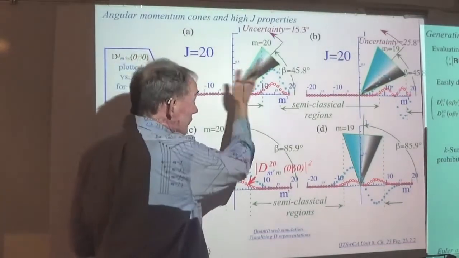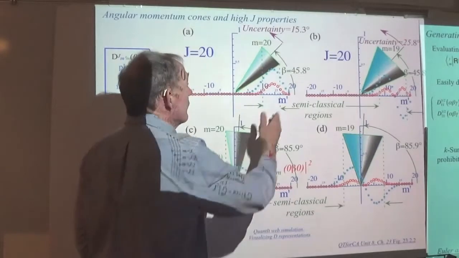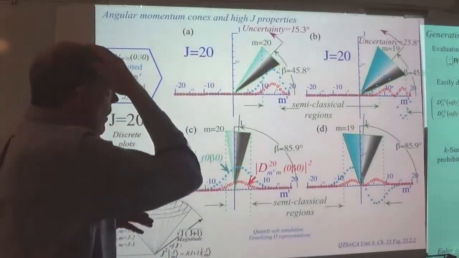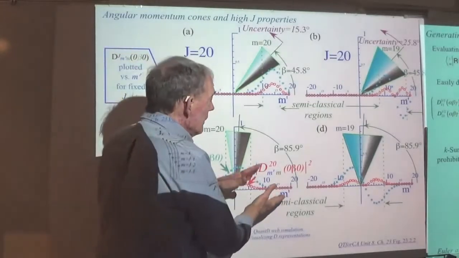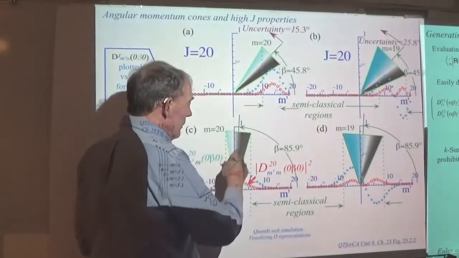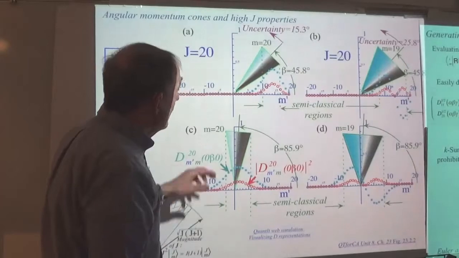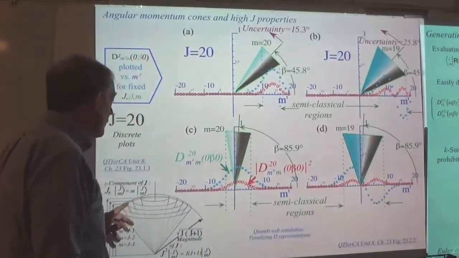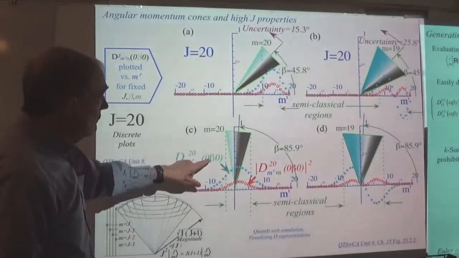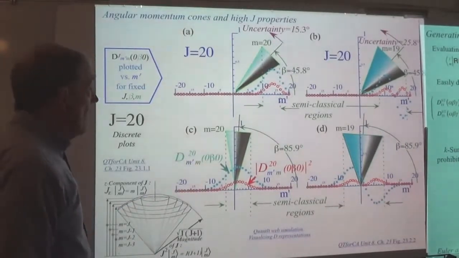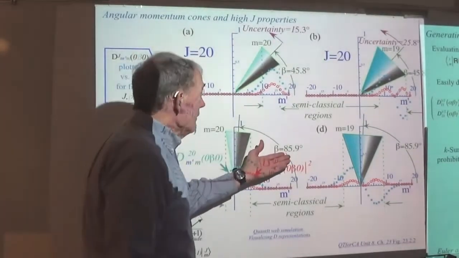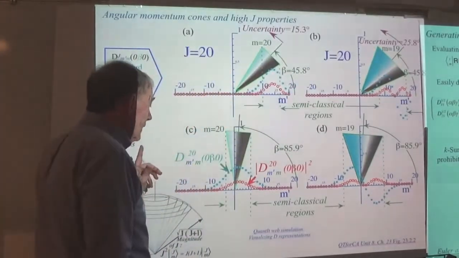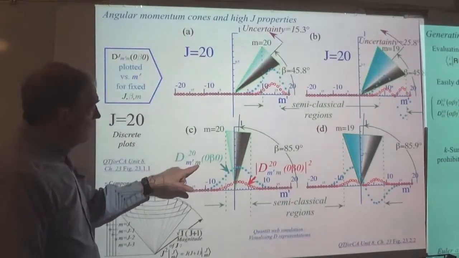This one has been considerably rotated here, a beta of 45 or 46 degrees, okay? Or a beta that's all the way up to almost 90 degrees, okay? And here's what you see, a plot of this D function for J equal 20 as a function of beta equal 85 or beta equal 45, okay? But mainly as a function of M.